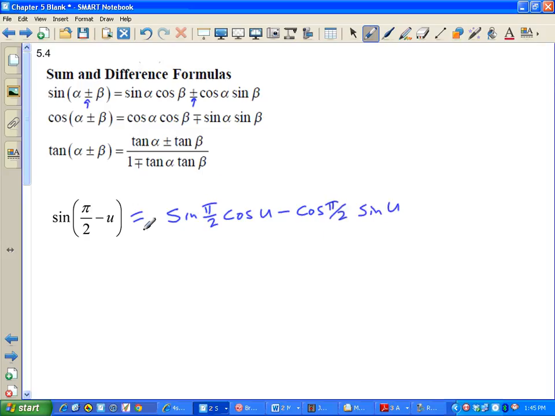Sine of pi over 2 is 1, so this is just cosine of u. Cosine of pi over 2 is 0, so this whole thing goes away and we get just cosine of u, which should make sense since this is one of our cofunction identities. So that's just a way to prove it.